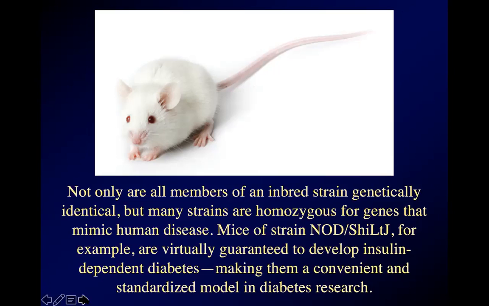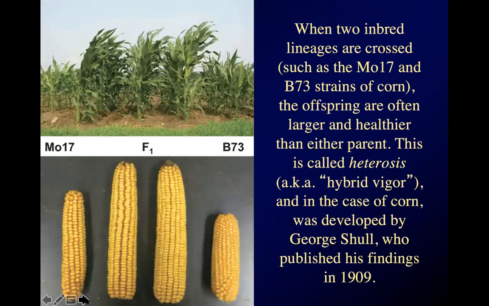So if you're a diabetes researcher, you might well study the disease or test treatments on mice like this because they're genetically identical and they're all guaranteed to develop the disease at the same time in the same way. Okay, so yeah, we talked about that a bit on Tuesday, but I thought I would just show you some pictures of mice.